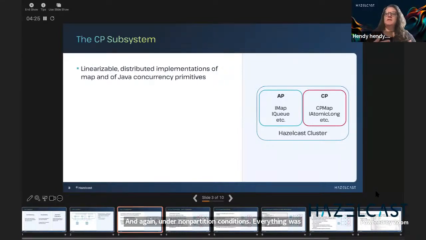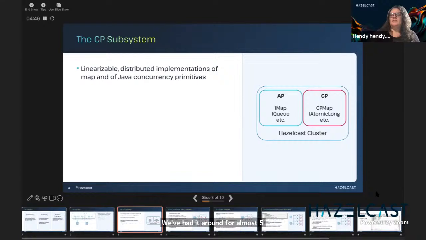And the way that we implemented those concurrency primitives was also okay under most conditions, but we failed Jepsen tests. We just failed. So that was why the CP subsystem was created. It's not a new thing to Hazelcast. We've had it around for almost 5 years. In 5.4, we added a whole bunch of modifications and performance improvements. And the big thing that we added was the CP map data structure.